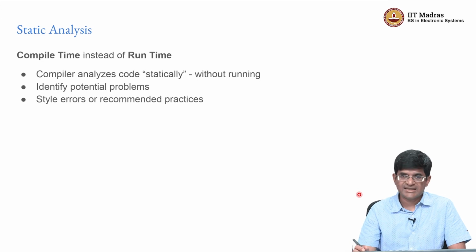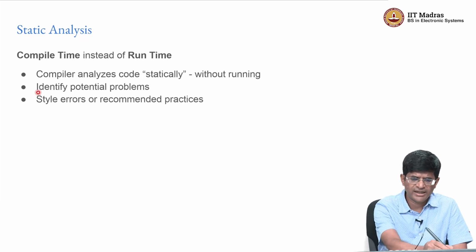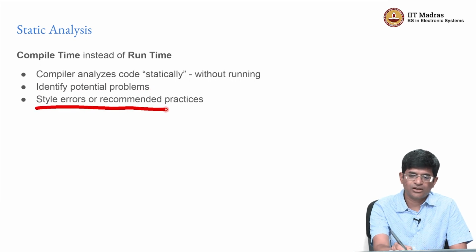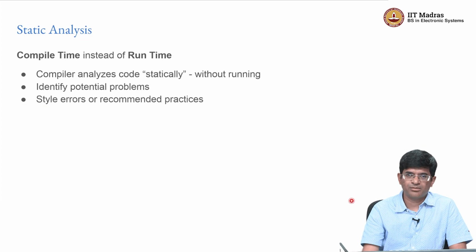So it makes sense to put in a lot of effort on optimizing the system as much as you can at compile time, statically, without running the program, and try to eliminate as many bugs and performance related issues as possible at compile time itself. This is basically what static analysis refers to. It can help you to identify potential problems. These could either be bugs, which are outright errors in the code, or a stylistic error, or not following certain kinds of recommended practices.